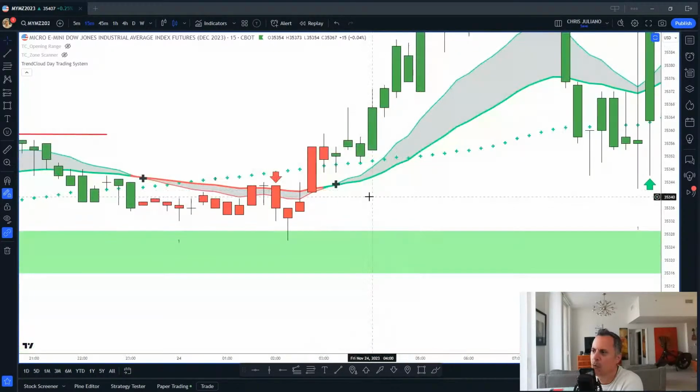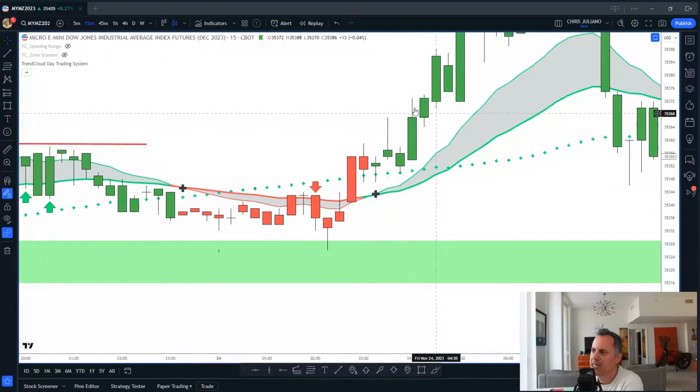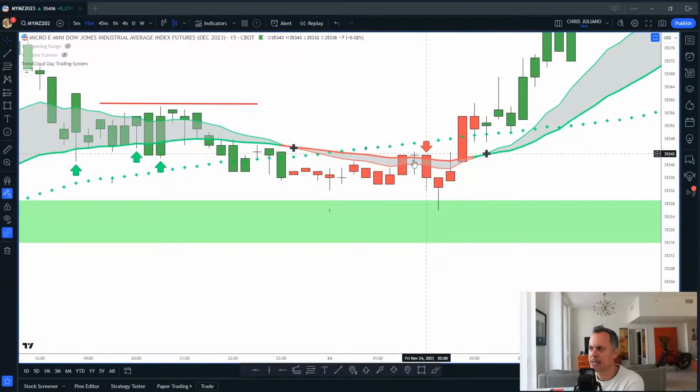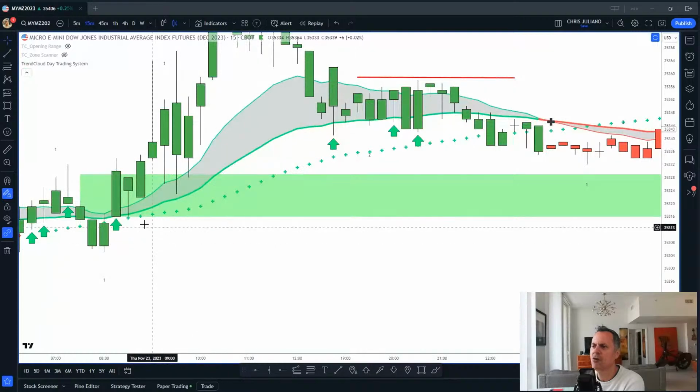Okay. But the thing is, we need a system like TrendCloud to read the price action so that we can say, okay, this is a bear trap here. Where is it? Oh, look at this rally base rally.